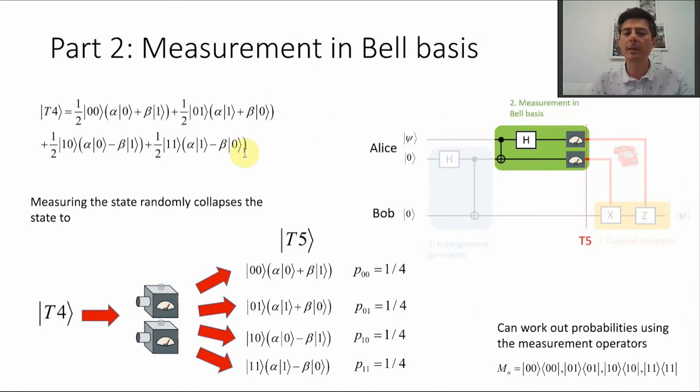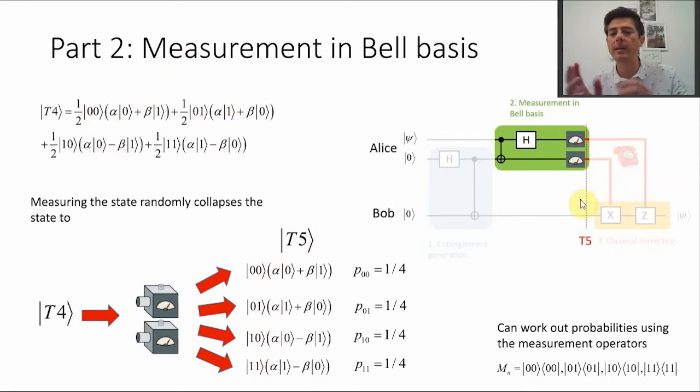Okay, and you can work that out using your measurement operator method, or maybe you can just read it off here. But basically, because we've collected all the terms together for each of the different outcomes, then we will get one of these 4 measurements when we do this measurement step here.